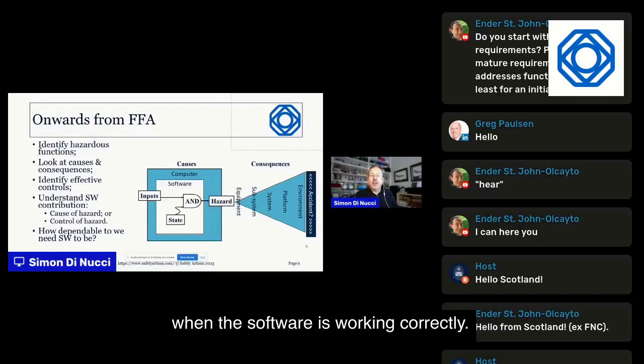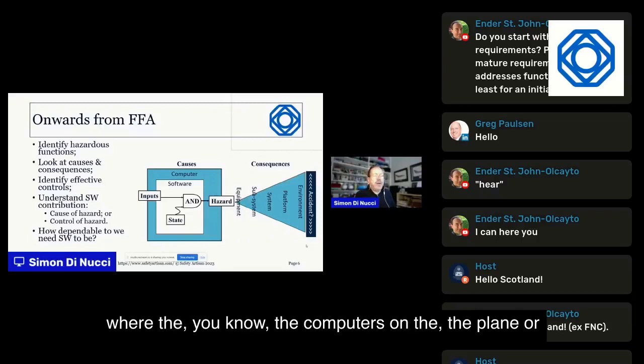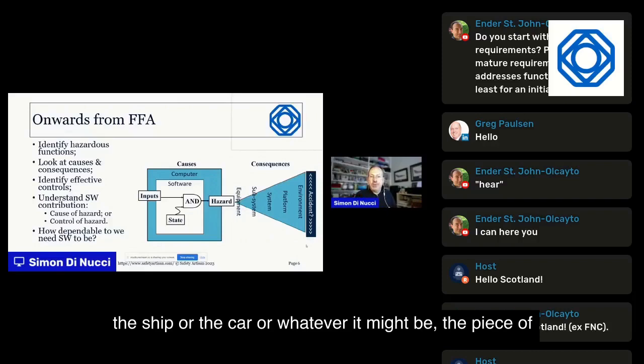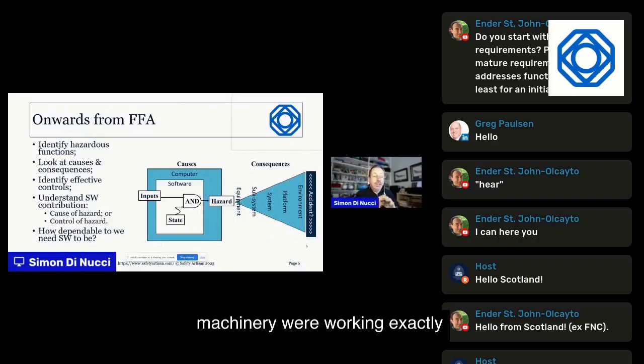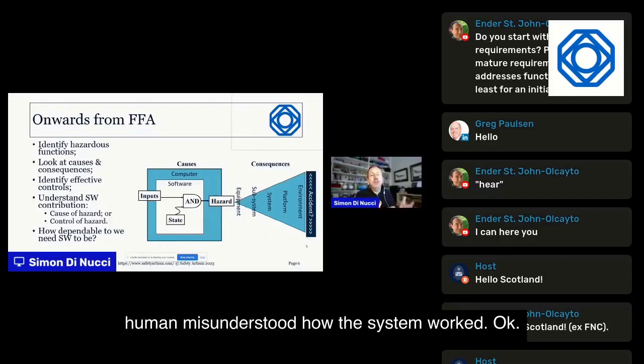software is working correctly. For example, there are lots and lots of accidents where the computers on the plane or the ship or the car or whatever it might be, the piece of machinery, were working exactly as they should have been, and an accident still happened, very often because a human misunderstood how the system worked.